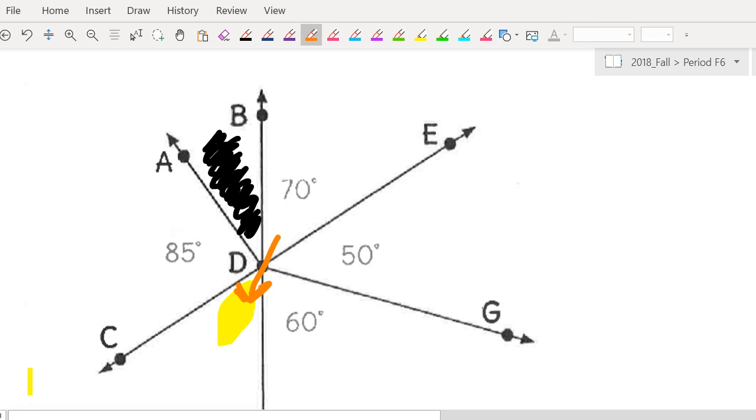What do we know about vertical angles? They are equal, because something across from another one is equal. Always, always, always. So this is vertical angles. So find the missing angle, the one that's across from another one.